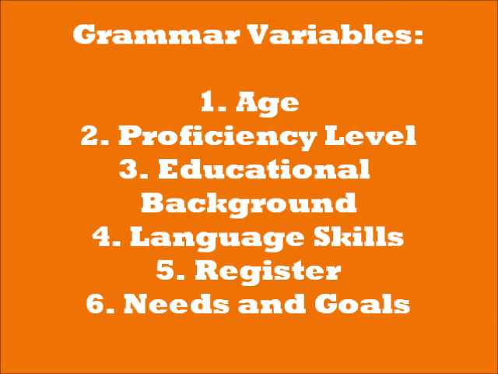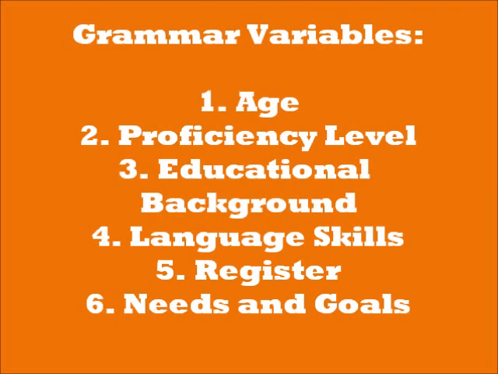If too much grammar focus is forced on beginning level learners, you run the risk of blocking the acquisition of fluency skills. It means if we just focus on grammar, the learner is not going to be able to develop the other skills such as speaking, reading, and writing.